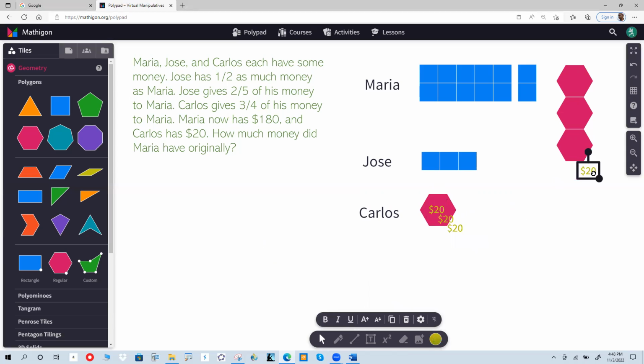So I now know that Maria received $60 from Carlos. Okay, that helps a lot because Maria ended up having $180, but out of those $180, 60 came from Carlos, and that tells me that this must be $120.